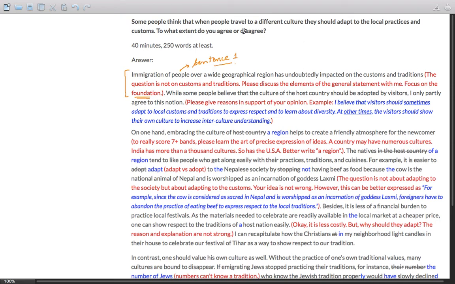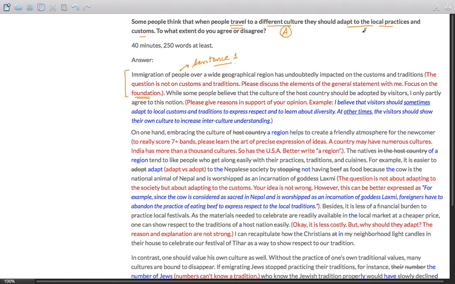Before you begin an answer, it is extremely important that you should analyze the question. The question is, some people think that when people travel to a different culture, they should adapt to the local practices and customs. So the first component is travel to a different culture. Let me call this number one or A. They should adapt to local practices and customs.